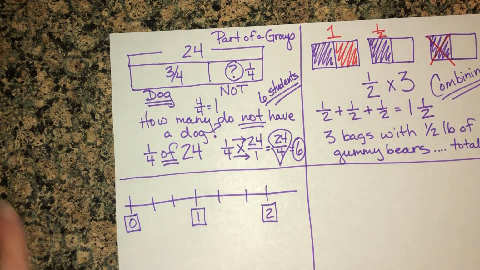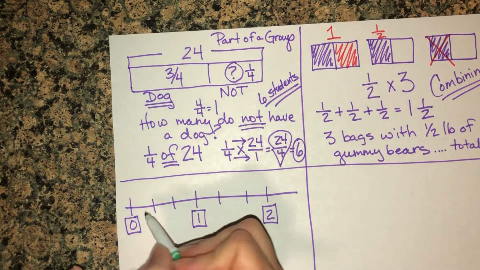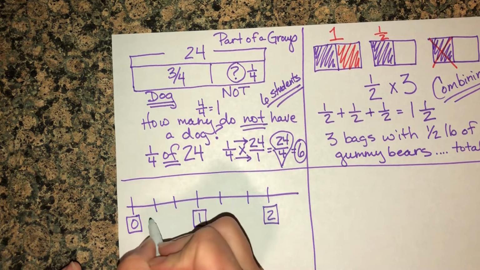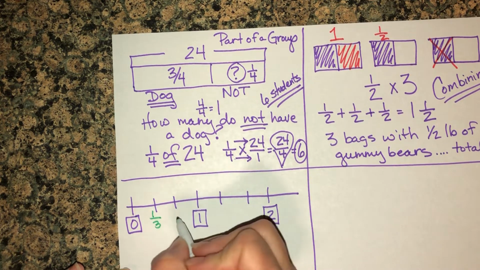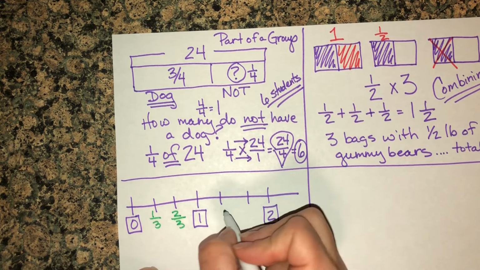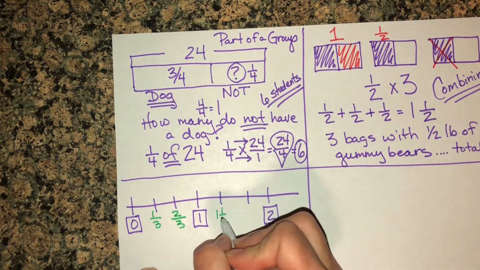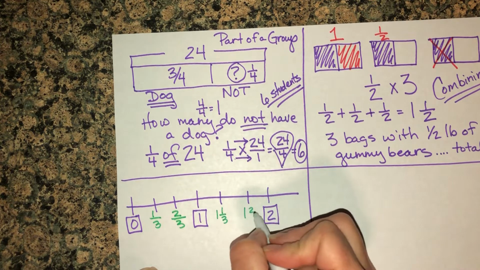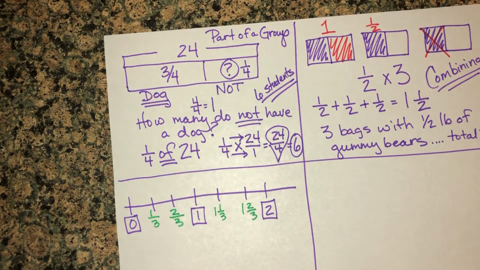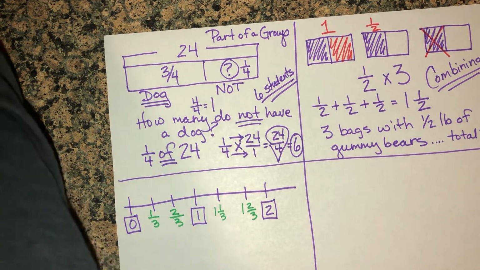So if I look at this number line, I can see that this is separated into 1, 2, 3 sections. These are thirds. This is 1/3, this is 2/3. 1 whole is 3/3. This would be 1 1/3. This would be 1 2/3. And then so on.